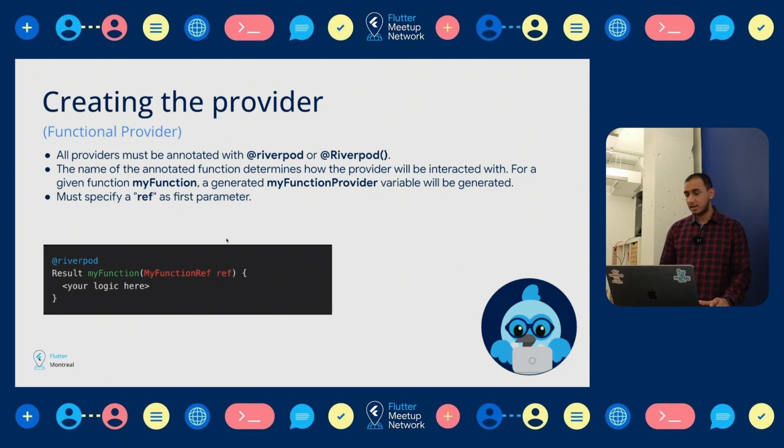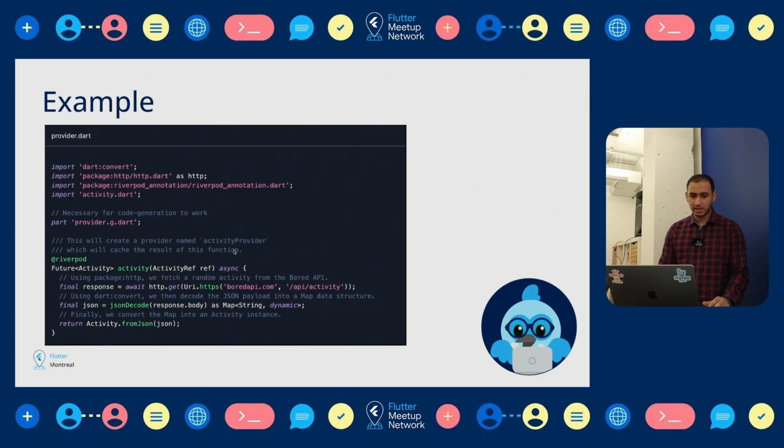Whether it is a functional Riverpod or a class Riverpod, you must have ref, and you must have @Riverpod annotated at the beginning of your code. So here is one example, provider.dart. For code generation, it is necessary that you give the path: this file's name is provider.dart, so we need to give provider.g.dart.